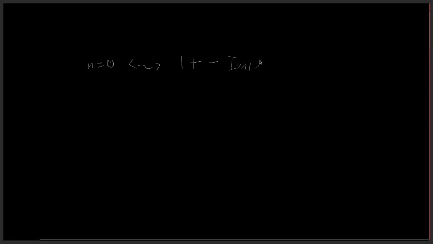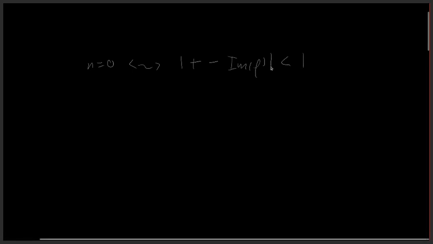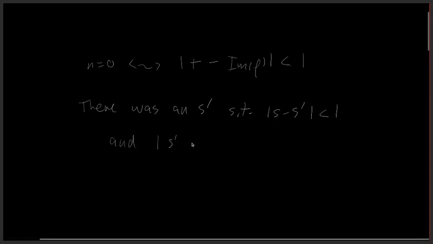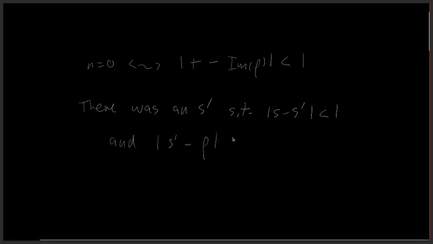In the n equals 0 chunk, which was the chunk where the imaginary part of s minus the imaginary part of your zeros, so the set of zeros satisfying this property, was less than 1, I said that there was an s prime such that s minus s prime is less than 1, so the s prime is near s, and s prime minus rho was at least 1 over log t.